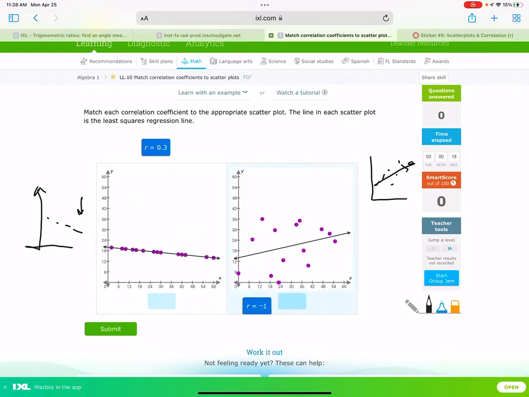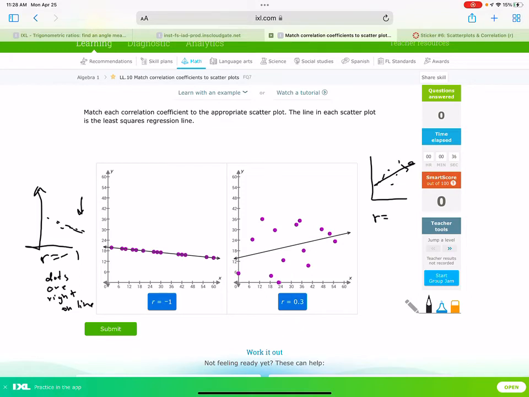So the negative one goes down and the positive one goes up. So why is this one r equal to -1? Because the dots are right on the line. Right, so why is this not +1? Because the dots are not on the line. Dots are farther away from the line.